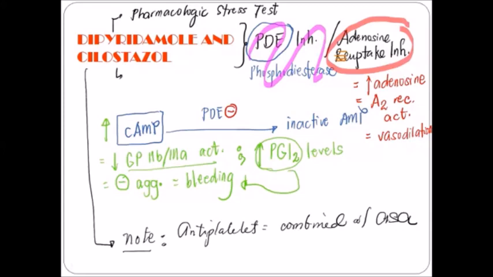And for cilostazole naman, ginagamit siya in the management of intermittent claudication. So that is for phosphodiesterase inhibitors.